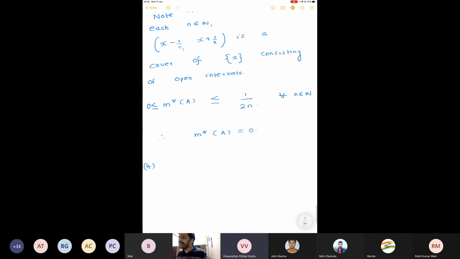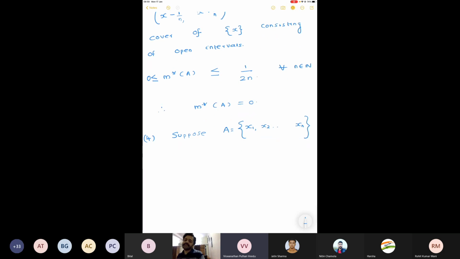Next property. Suppose I have a finite set, A is equal to x1, x2, and so on, xn. I want to find what is m star of A. You can definitely guess.